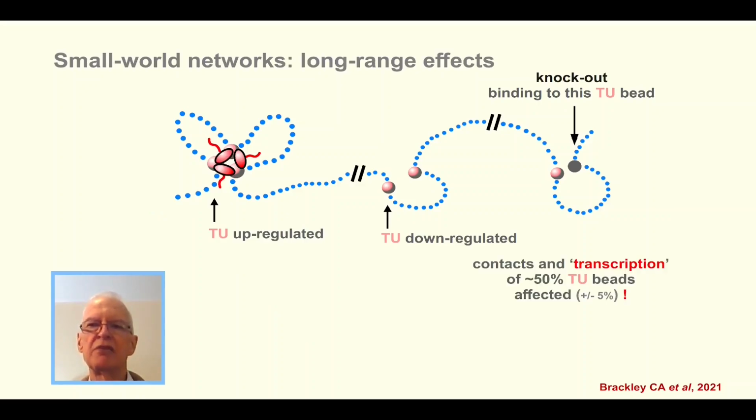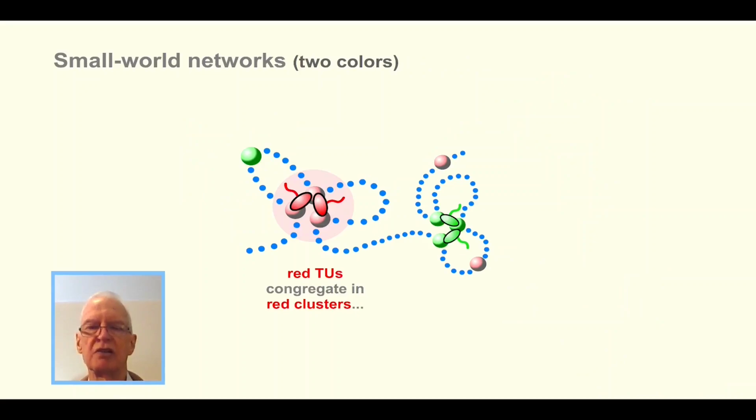So we now repeat the experiment by knocking out in turn each pink bead in a long string, and we find that on average the contacts and the transcription of about half the pink beads is affected by a single knockout. And this, again, is in accord with GWAS results.